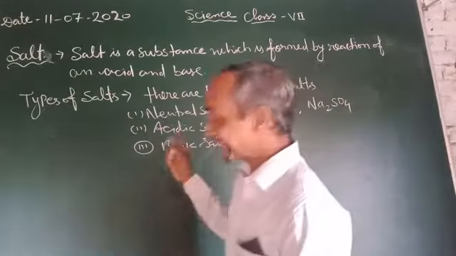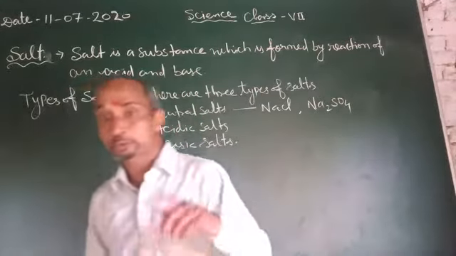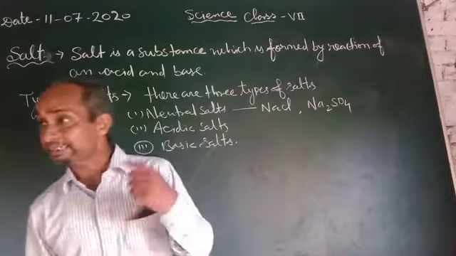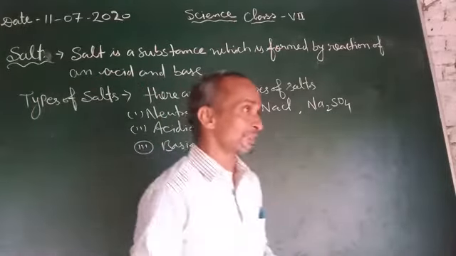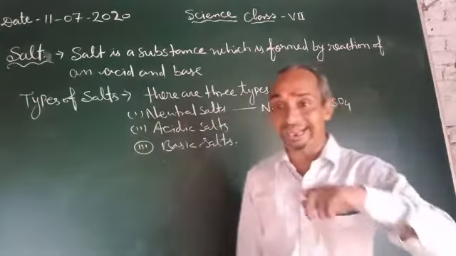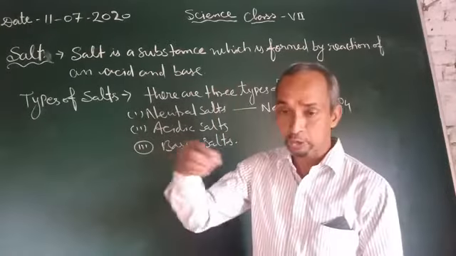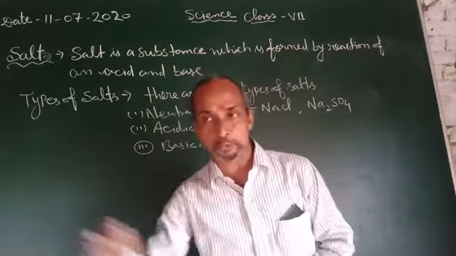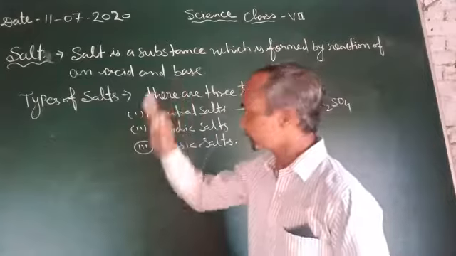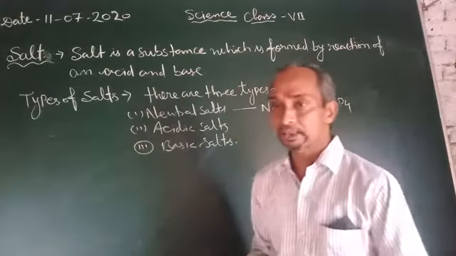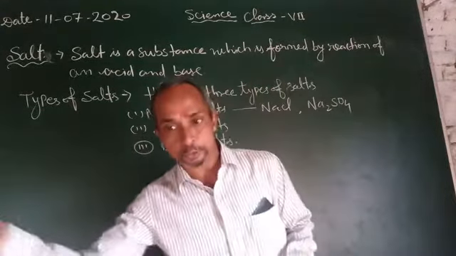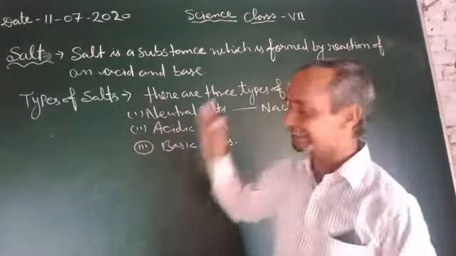And acidic salts are those salts which form an acidic solution on dissolving in water. When a salt dissolves in water and forms a neutral solution, it is a neutral salt. When it forms an acidic solution, it is an acidic salt.